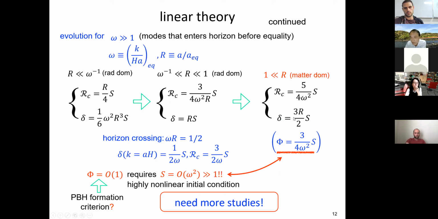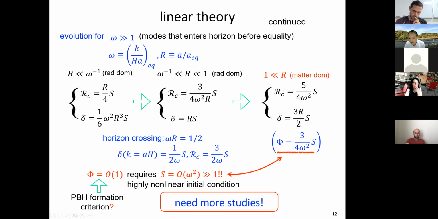Apart from a small 3/2 correction factor, the growth is essentially the same. So the density perturbation grows like S times the scale factor, normalized at equal time.